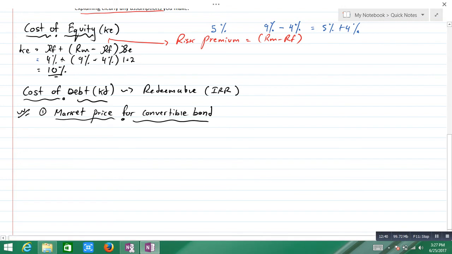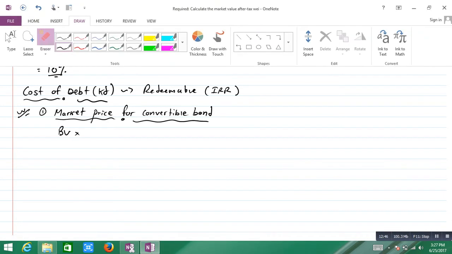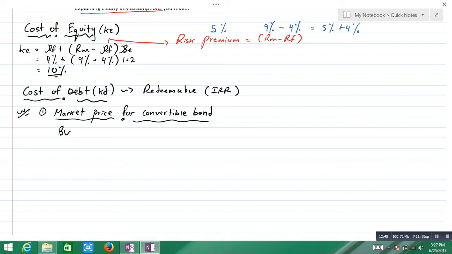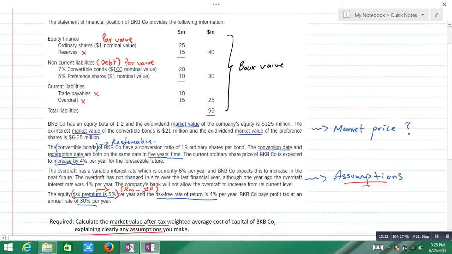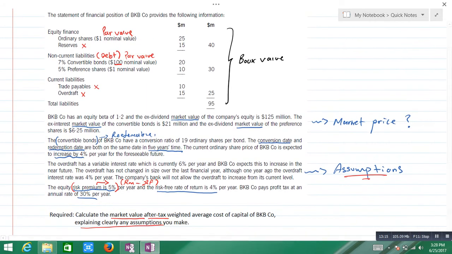The formula is book value equals market value times 100 over price. If you look at it, all this is your book value, remember, and all this is the market value, which is given.